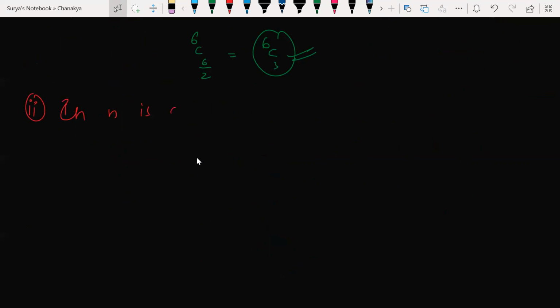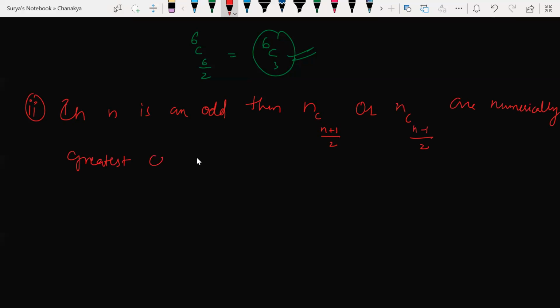If n is an odd number, then nC((n+1)/2) or nC((n-1)/2) are the numerically greatest coefficients.